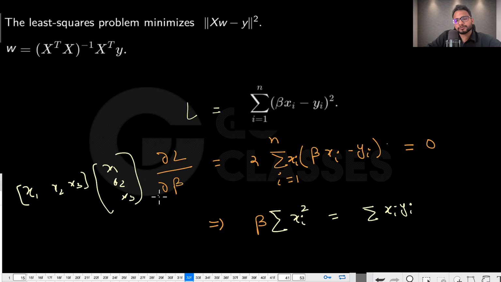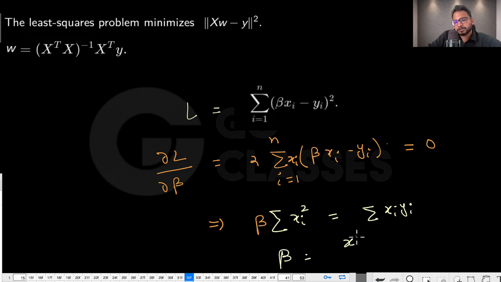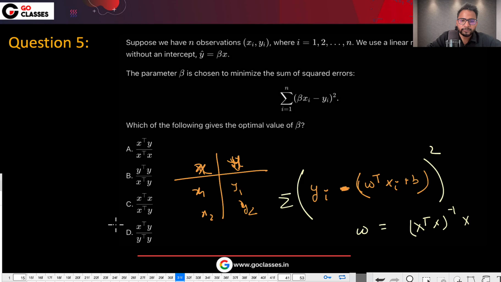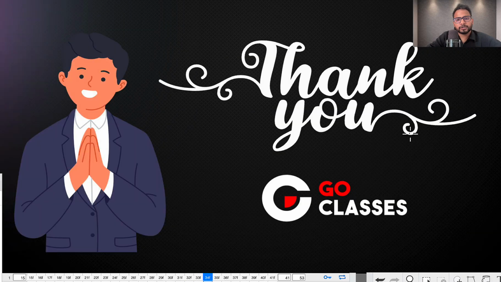That's how you are getting the summation of xi square. So you can write x transpose x here, and x transpose y there. So basically beta is x transpose y divided by x transpose x. So this is your answer, x transpose y divided by x transpose x. Yeah, A is your correct answer here. That's how you can solve this question. That's also a very easy question. So yeah, thank you everyone.